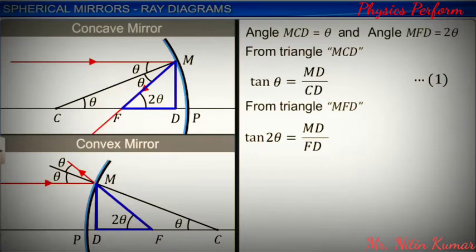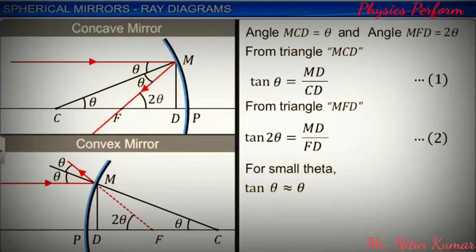For paraxial rays, theta is small and hence we can write tan theta is approximately equal to theta. Let this be expression 1. And tan 2 theta is approximately equal to 2 theta. Let this be expression 2.